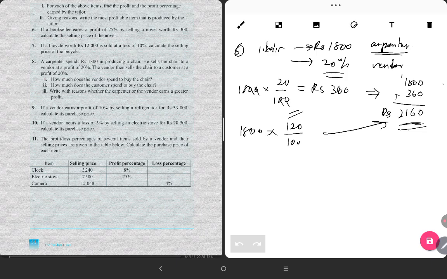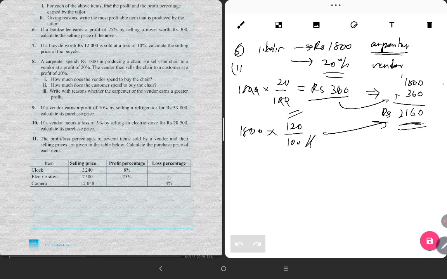It means that to calculate this value, you can find 120% of the original price, which is what he is buying at. So that way also you can calculate. Otherwise you can calculate the profit and then add the profit, or right away you can calculate this way also. Calculate it and see. This is question number 1.